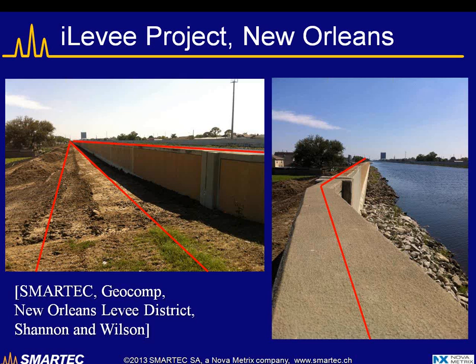In our case, we were involved in installing a strain and temperature sensor in this test section, in particular on the I-wall section, where a strain sensing cable has been installed on the top of the wall itself, and two other lines were embedded in the earthen levee on the dry side of the levee itself. So this system was designed to detect the leakages that would occur below the wall itself, and also abnormal movement of the wall itself.